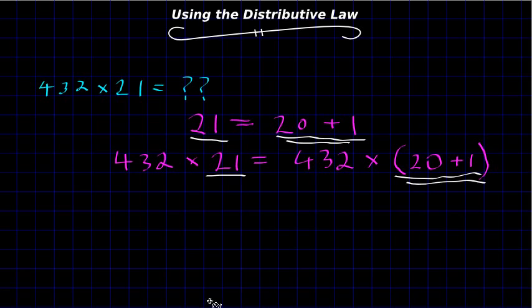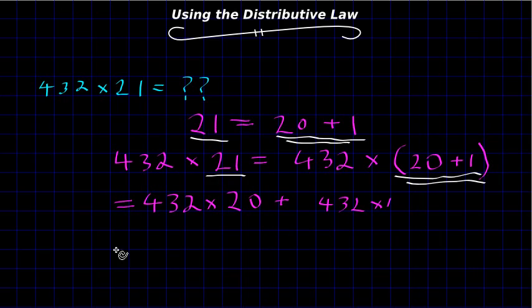So now we get to use the distributive law. This thing here, we can write that out as 432 times 20 plus 432 times 1. And that has the advantage that we know both of those numbers. We just did them on the previous slide. So we can write that out.